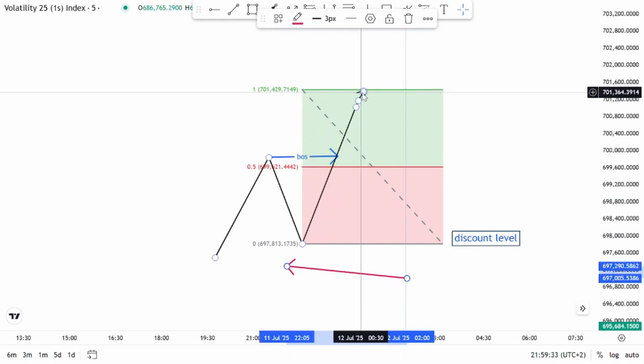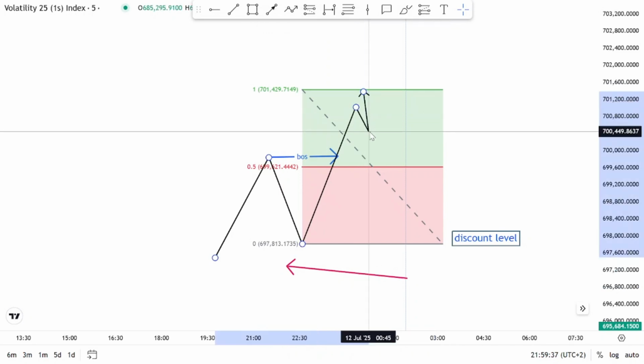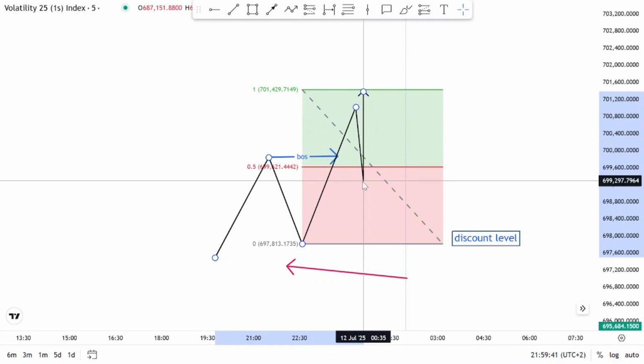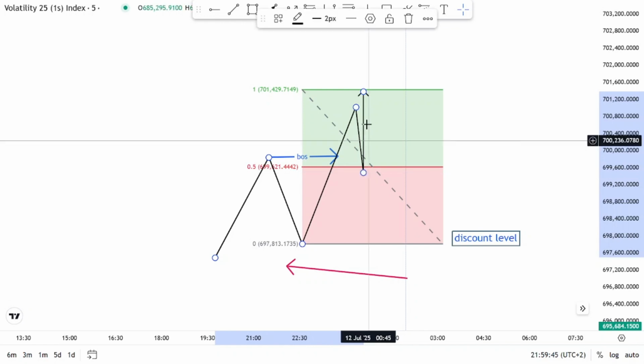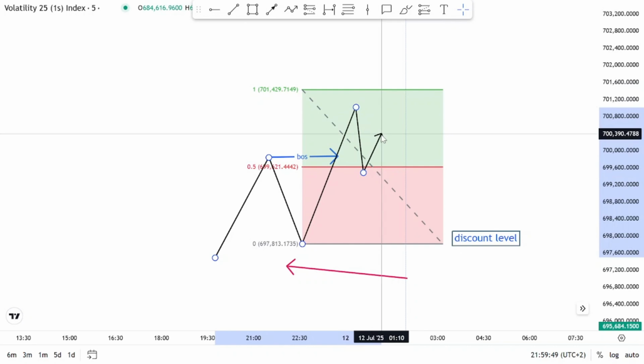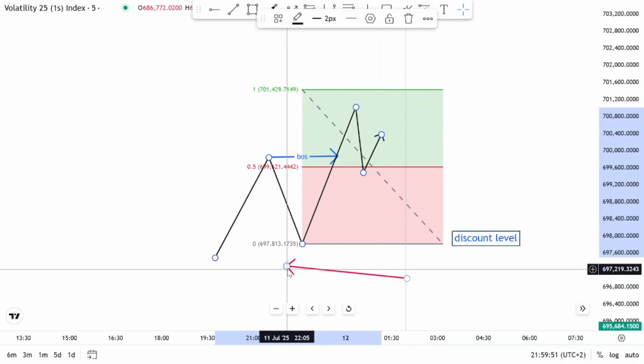When the market comes back to our external range, most of the time it comes here and then it traps traders all the time.